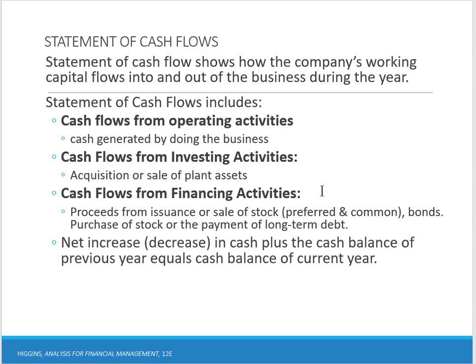Each one of these then gives us an idea of how well the company is doing. So in the end, we would have a net increase or decrease in cash that would then be applied to the cash balance from the previous year. That should tell us how much money is currently in the bank.